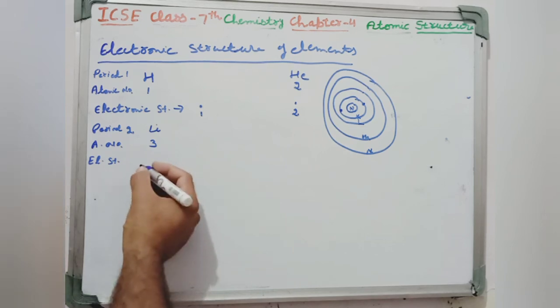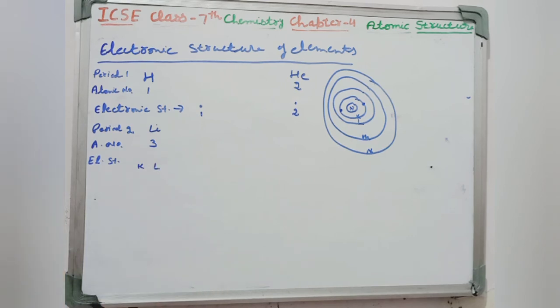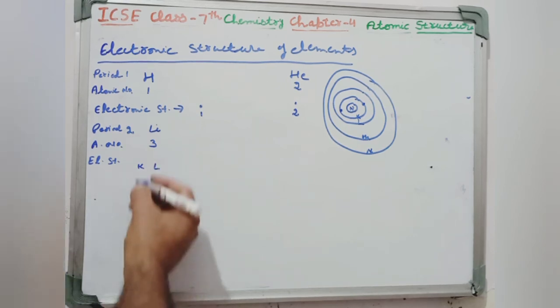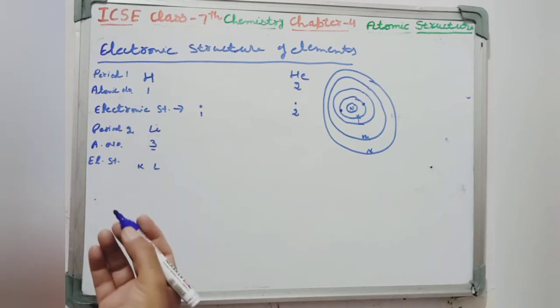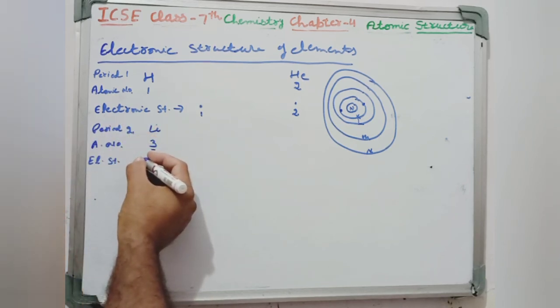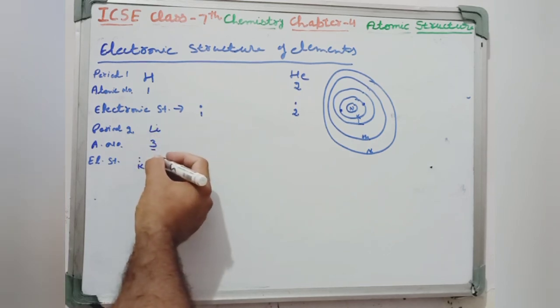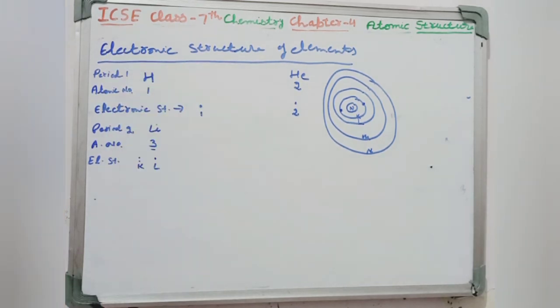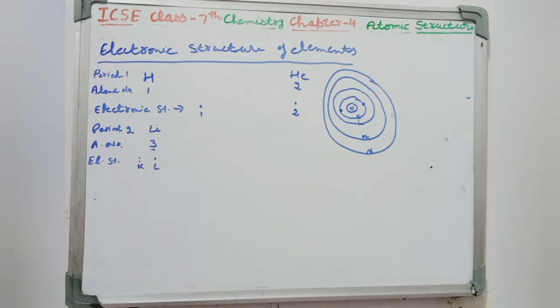So we write down here K, L. In K, first, this is 3. We will first complete K by putting 2 electrons there. We have put 2. Now 3 minus 2, 1 is remaining, that will move to L. First we have to fill the lowest shell, K, then L.